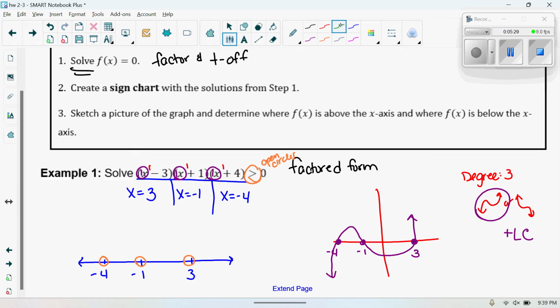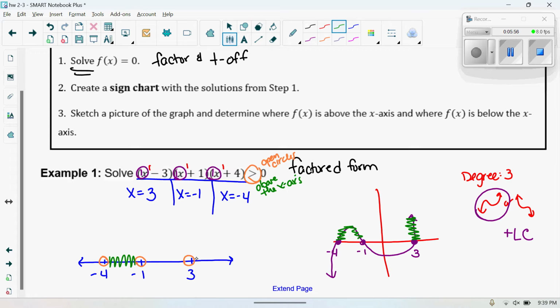Now I have to sketch and shade. So this was greater than 0, so it is above the x-axis. So here to here and here to here. So I'm going to take my picture and I'm going to transfer it to my number line. So I'm shading between -4 and -1.